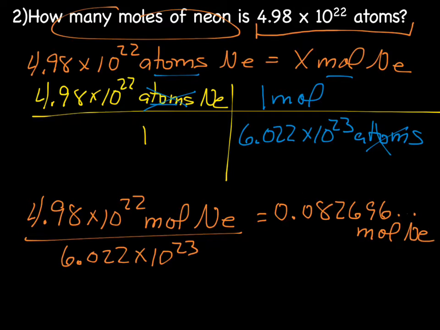And we'll keep 2 non-zero numbers after the decimal. So we'll keep this 0 and this 0 and the 8 and the 2, which means we're going to drop this stuff here, and since the 6 is 5 or bigger, our final answer will be 0.0823 mole neon.